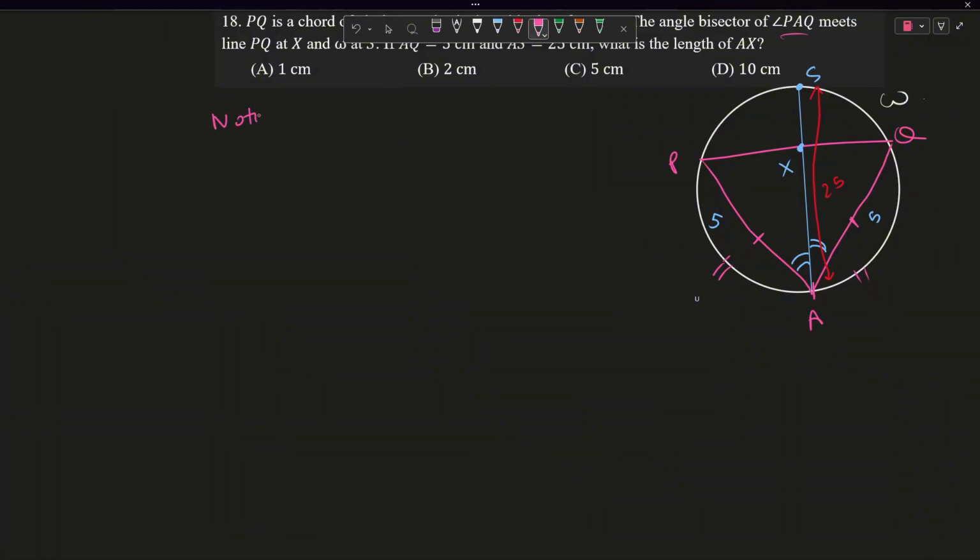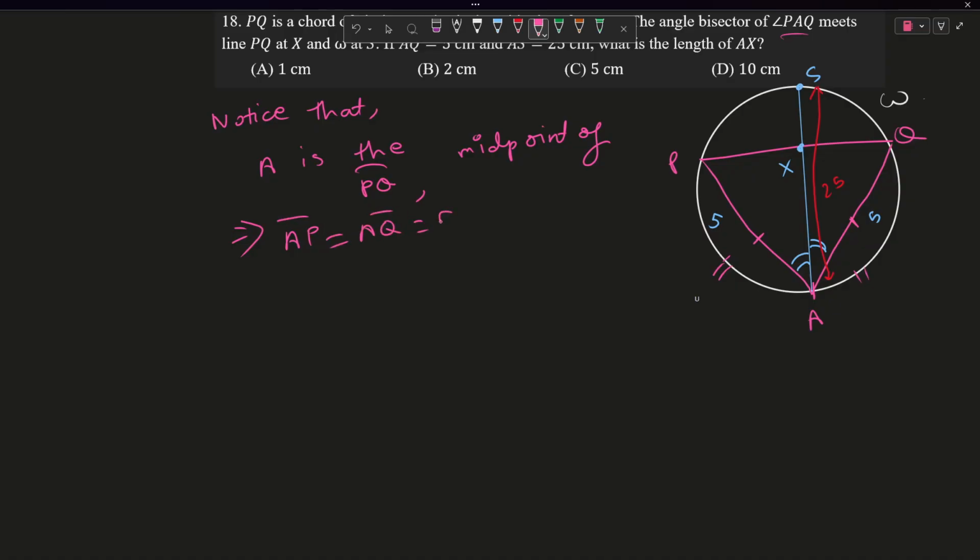First, notice that since A is the midpoint of our PQ, this implies AP is equal to AQ, which is just 5 centimeters. That is, triangle APQ is an isosceles triangle.